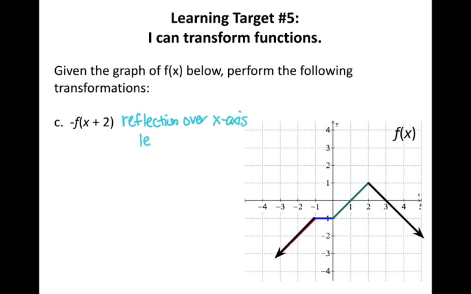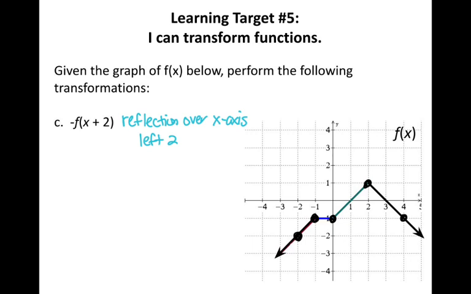And I'm also moving to the left 2. So again, I'm going to go ahead and do this without a table. I'll do the reflection points first in blue, and then I'll move it to the left 2, and that'll be my final set of points.